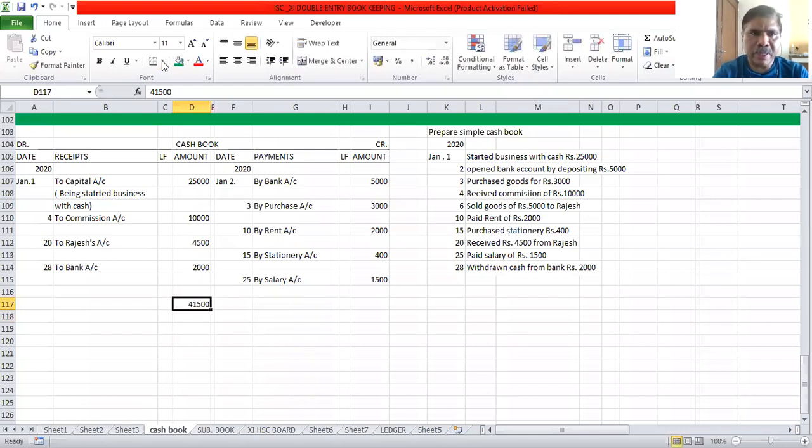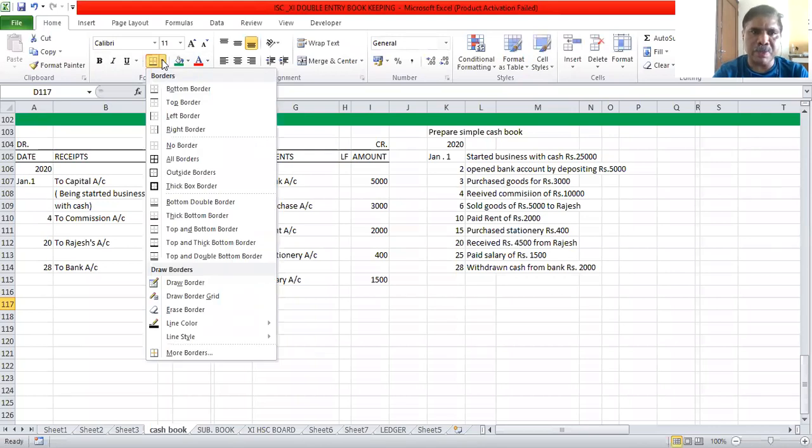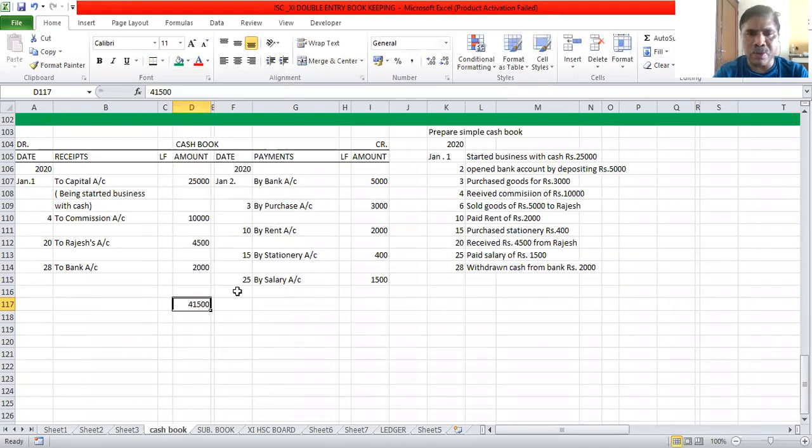Always remember, cash account always has more debit because you can't pay more than what we have. So the debit side is always more, that is 41,500. Same total you will write in the credit side like a ledger.